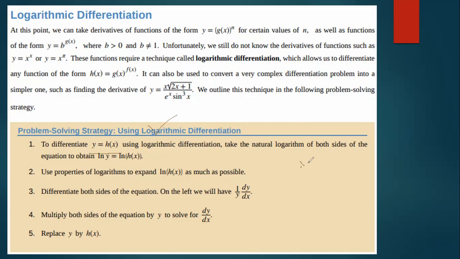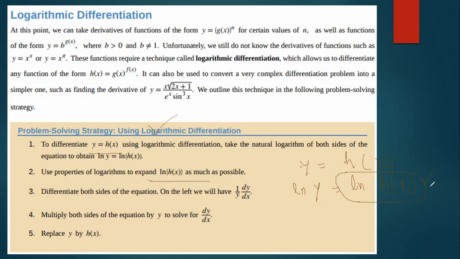The first step is to take ln on both sides, so ln y equals ln h of x. Then use the properties of logs to expand it as simply as possible.